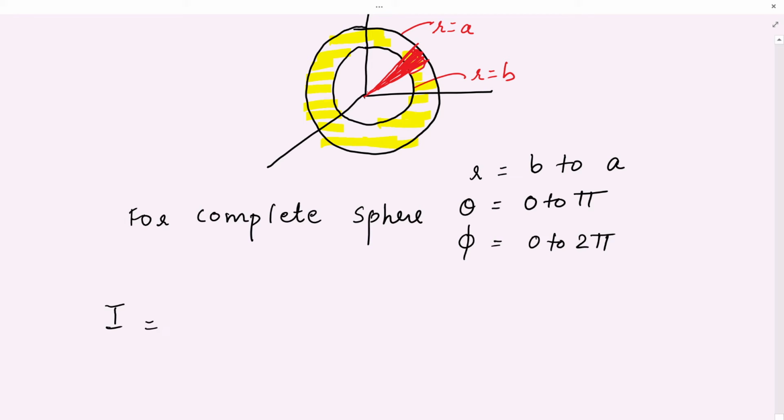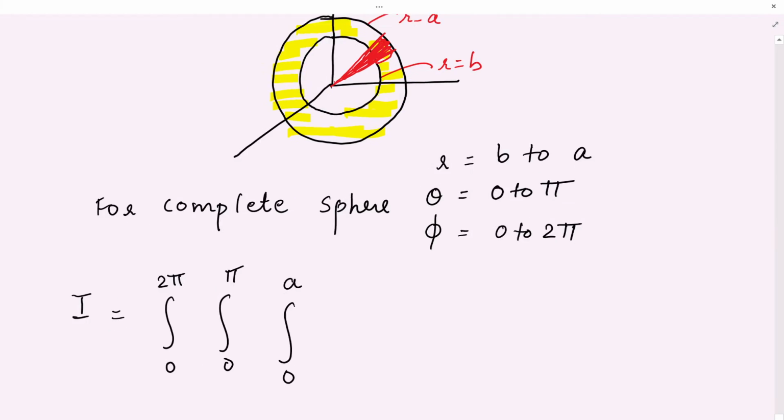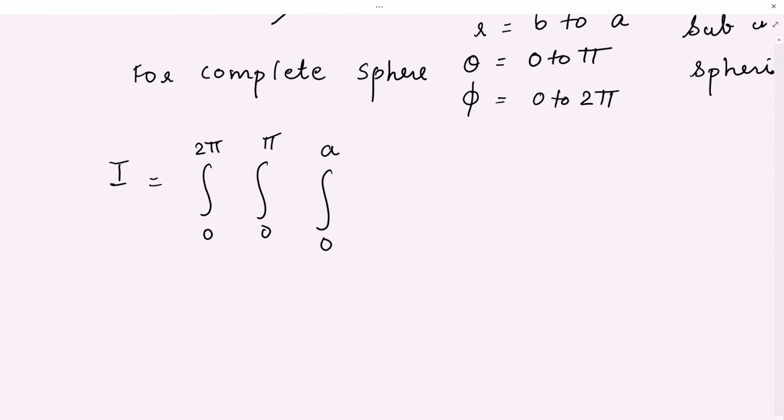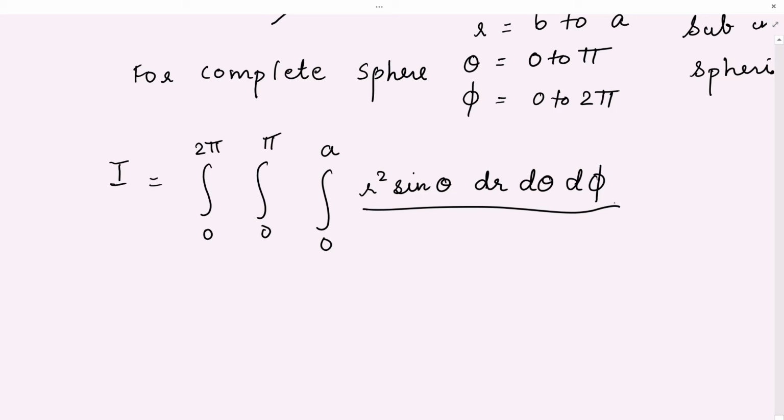So my integration I will be 0 to 2 pi, 0 to pi and B to A. Let me write, substituting in spherical polar coordinates, dx dy dz can be written as r square sine theta dr d theta d phi, right?